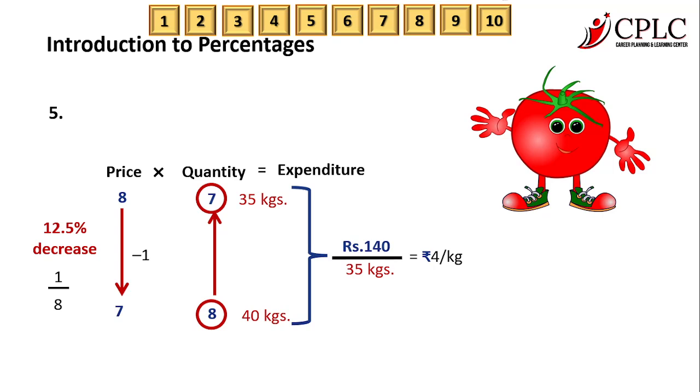If they had asked us the new price per kilo, we would have divided by 40. So 140 divided by 40 would have been 3.5 rupees per kilo. So that's the answer for question number 5.